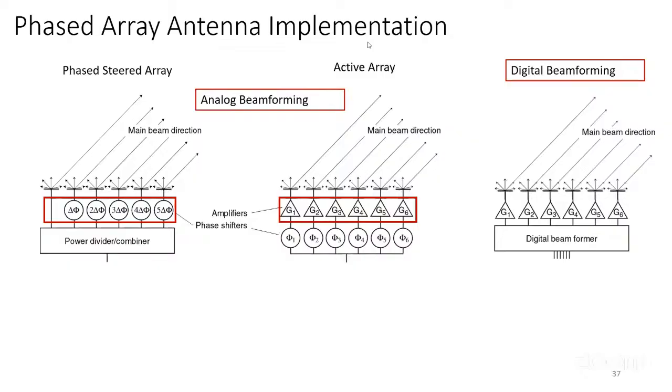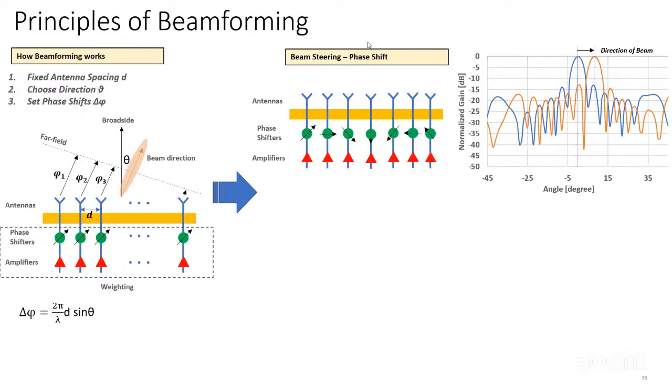In analog, we directly give amplitude and phase to the antenna element, whereas in digital beam forming we deal with bits, phase bitting and amplitude bitting, as they call it. Anyway, I will not go much deeper into this. Thank you. Please let me know if you have any questions, which I will try to answer as much as possible.